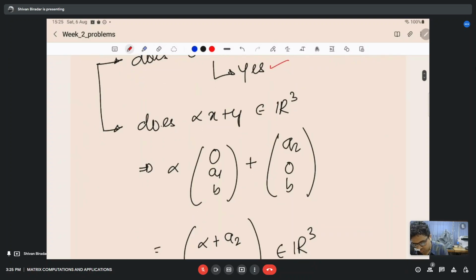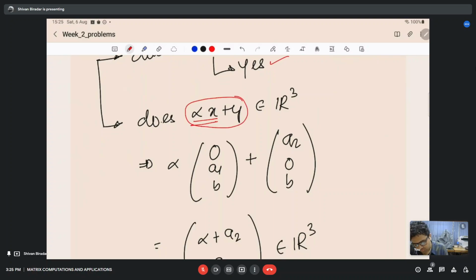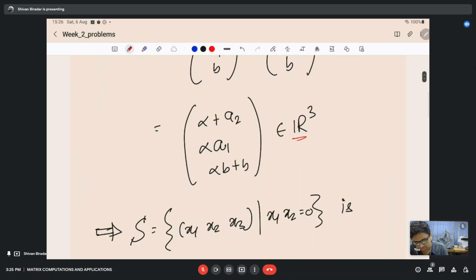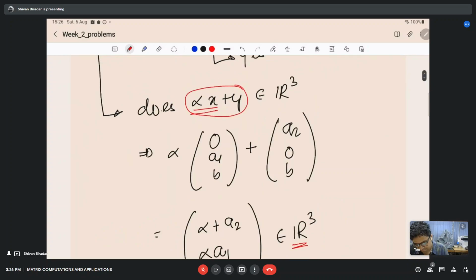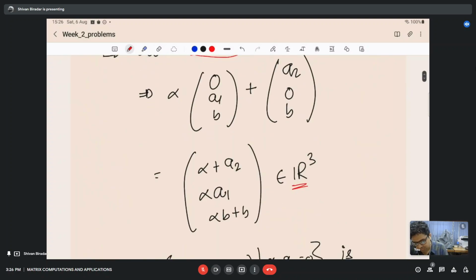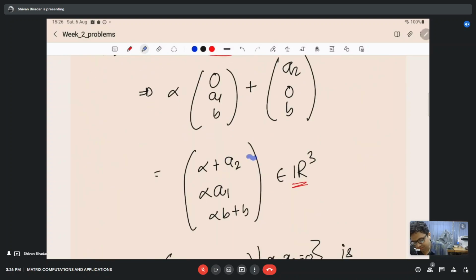So if I take a scalar multiplication and add these two vectors, then what I'll get is alpha into x plus y. So I'll get this, and this belongs to R3. But does this vector satisfy the x1 x2 equal to 0 property?